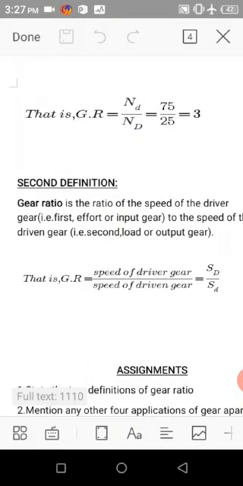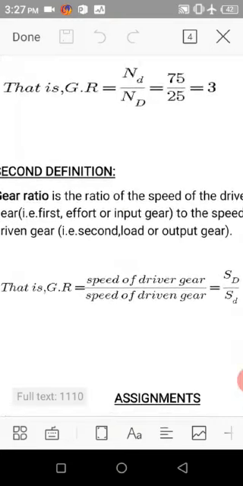If you look at the formula, you can see GR is equal to speed of driver gear, represented by S subscript capital D, over speed of driven gear, represented by S subscript small d. That is also what they call gear ratio.